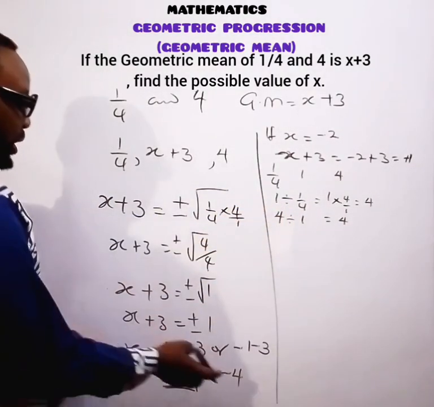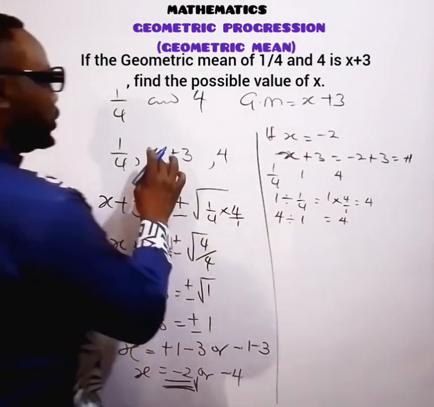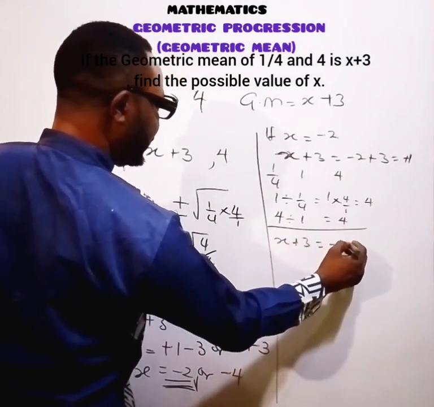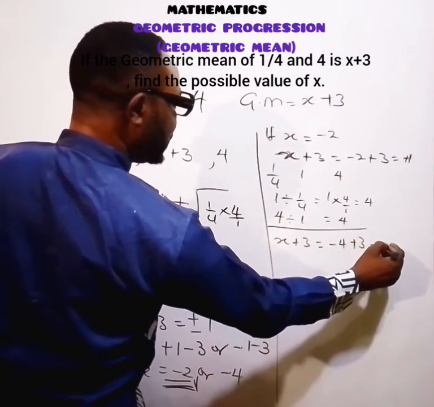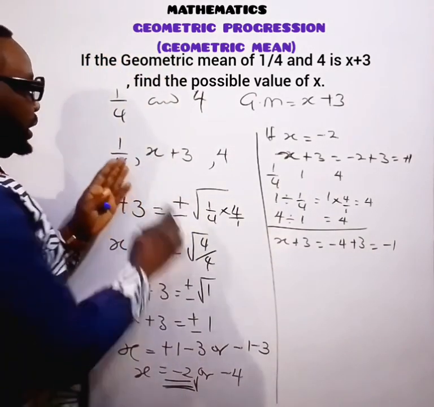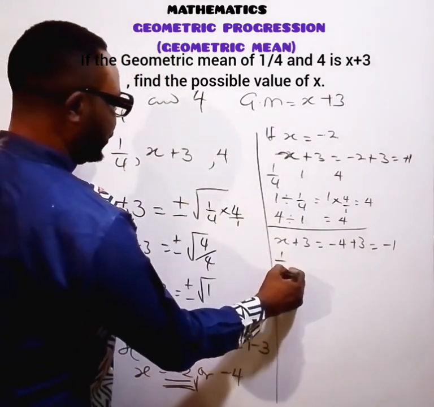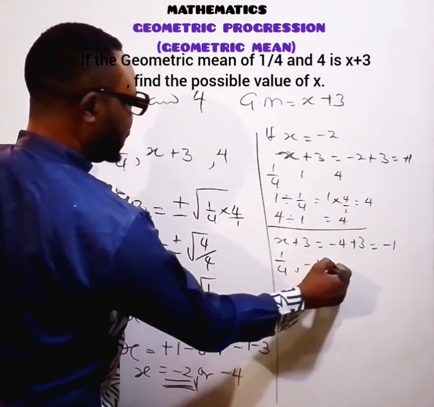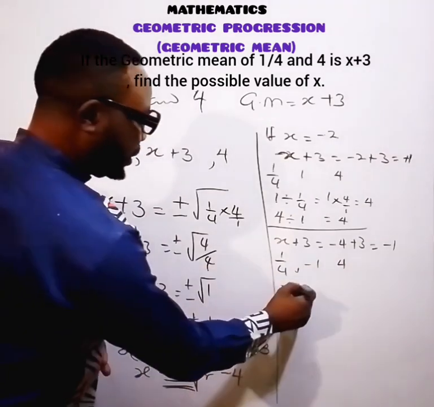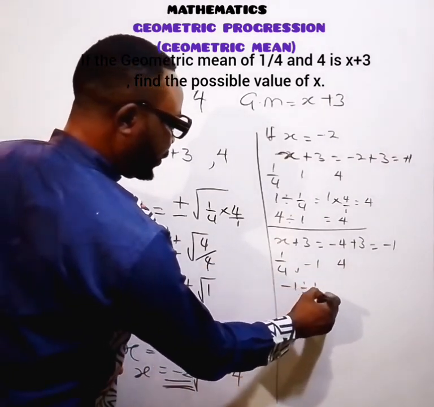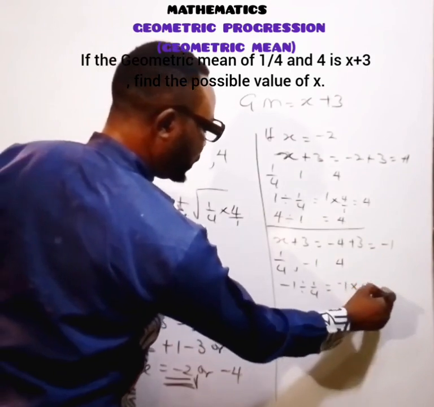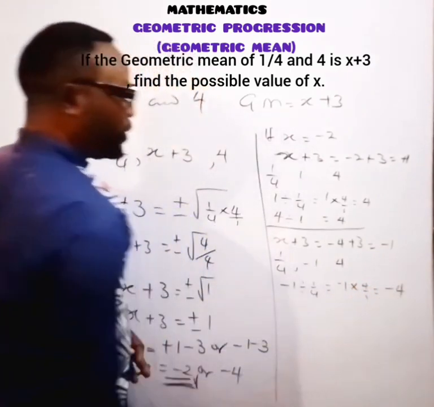Now let's also check for minus 4. For x plus 3, x plus 3 will be equal to minus 4 plus 3, which is equal to what? Minus 1. Now, this arrangement will become 1 over 4, minus 1 and 4. So if I have minus 1 divided by 1 over 4, it will become minus 1 times 4 over 1, which is equal to what? Minus 4.